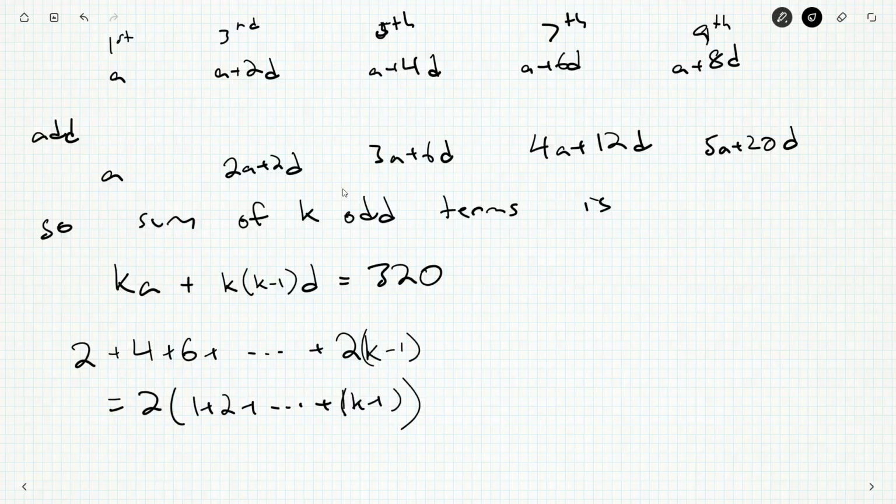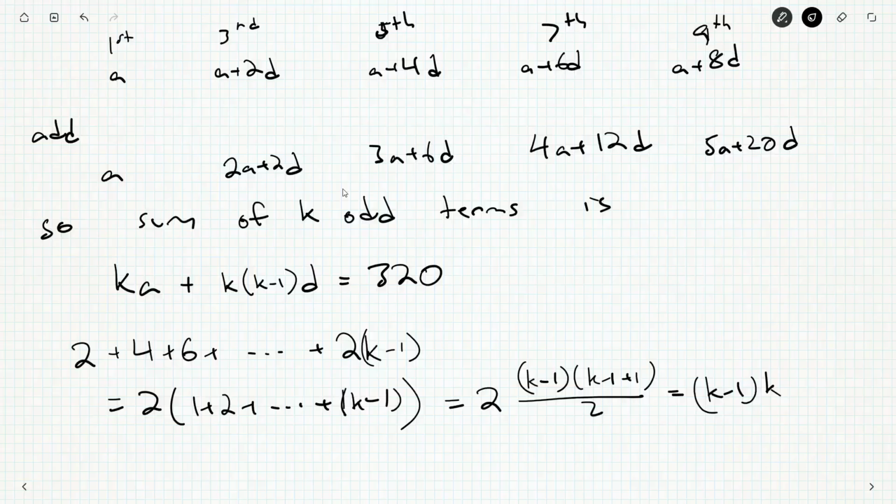And there's a formula for the sum of the first few natural numbers. The sum of the first k - 1 natural numbers is (k - 1) times ((k - 1) + 1), or just k, over 2. So this is (k - 1) times k. This isn't that hard to show. It's probably something you should know if you're trying question 24 on the Fermat, and if you didn't know it, you can look it up: the sum of the first n natural numbers. Triangular numbers is another great term. So we could realize that without too much difficulty.